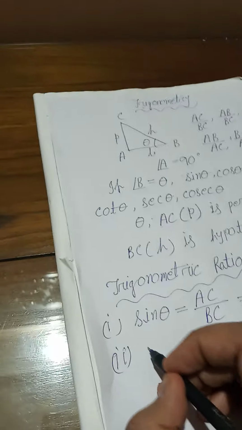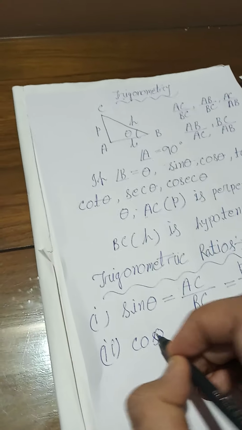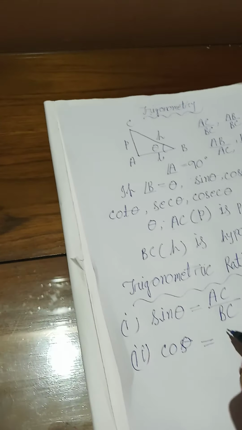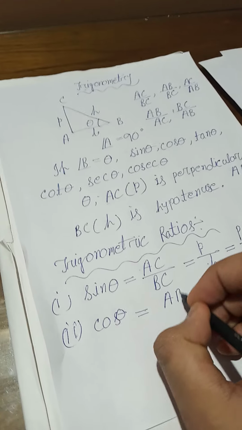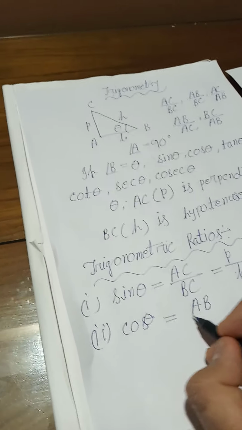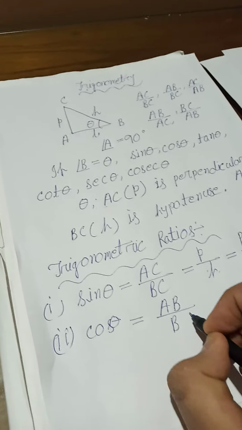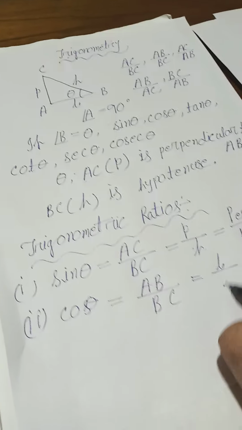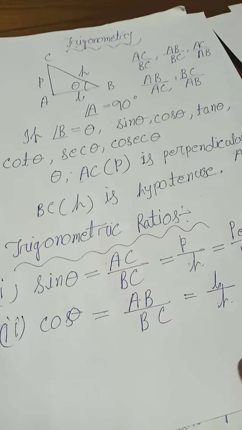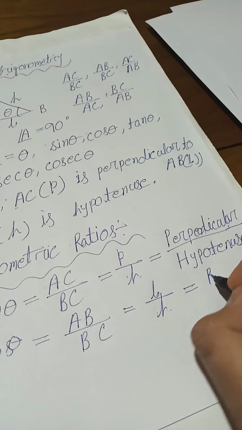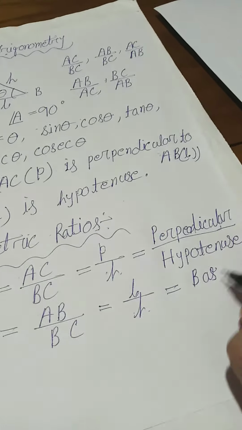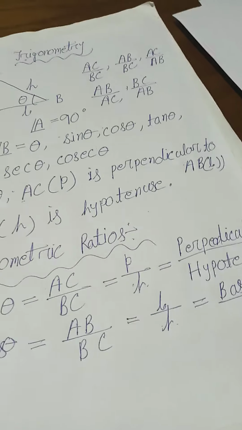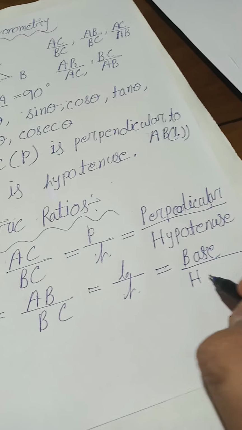Now number 2 is cos theta. Cos theta is AB by BC, which is small b by capital H, which denotes base by hypotenuse.